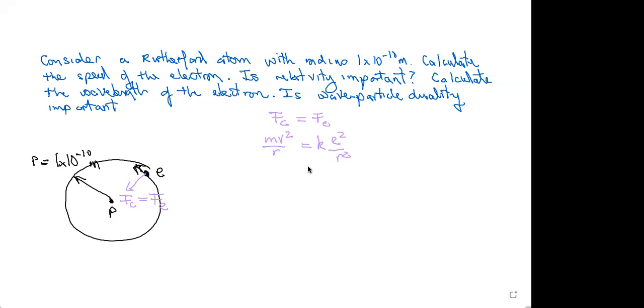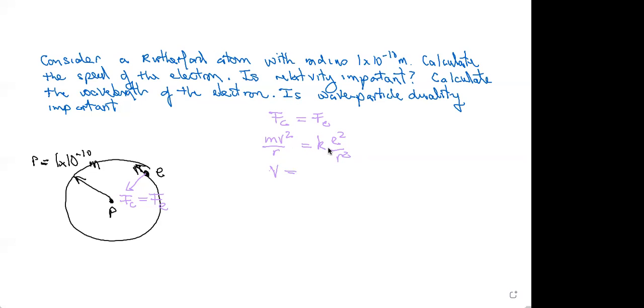One comment here is, I'm just thinking about the magnitudes of the centripetal and electrical forces. I'm just filling in the magnitudes of the two forces. I'm not worried here about the signs or the directions of the forces. And if I take this equation, I can rearrange it as an equation for the velocity of the electron.